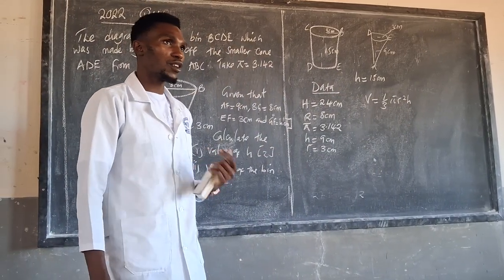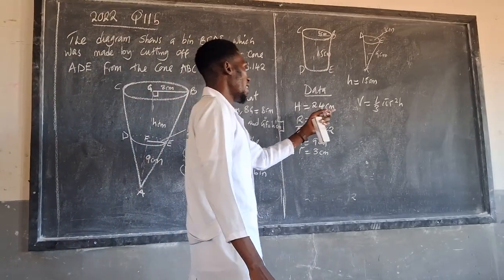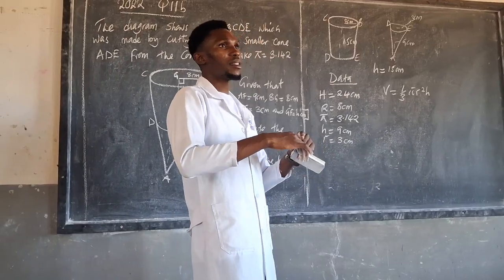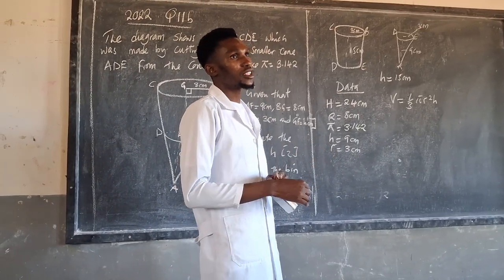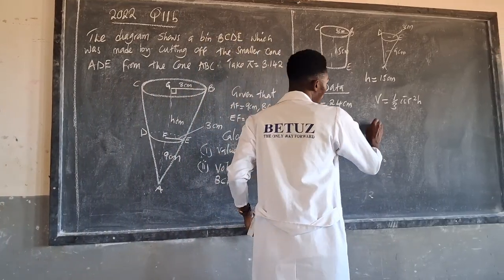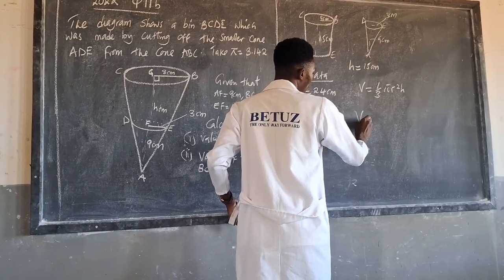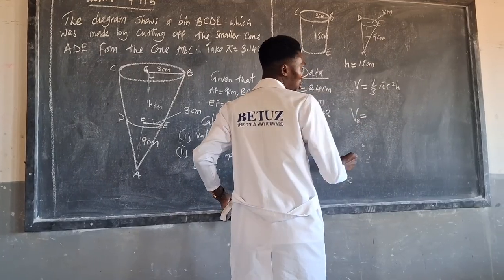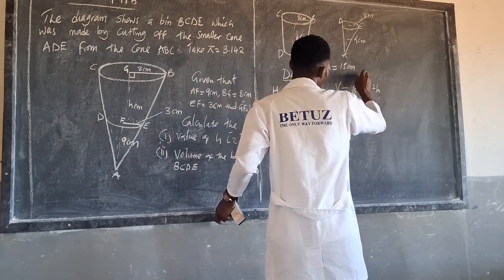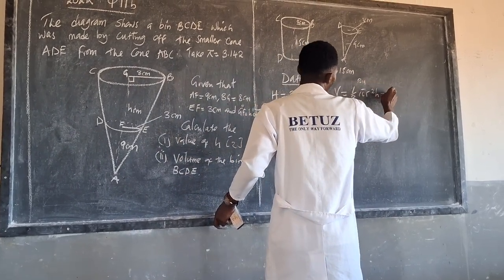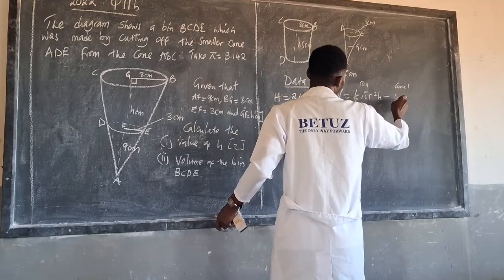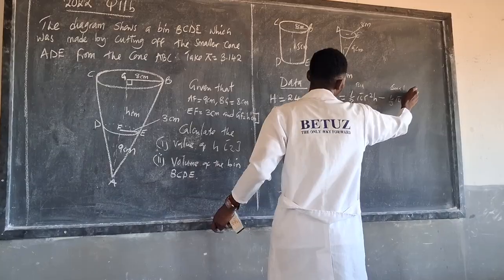When you find the volume of the bigger cone, you subtract the volume of the smaller cone. So the volume of the beam will be equal to the bigger cone minus the small cone, which is 1/3 pi r squared h.